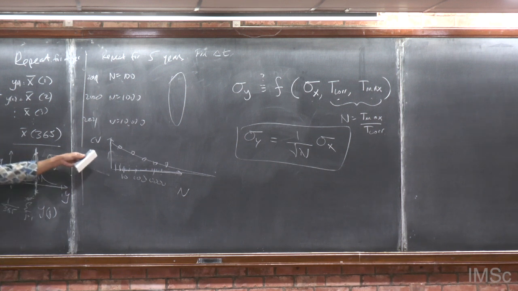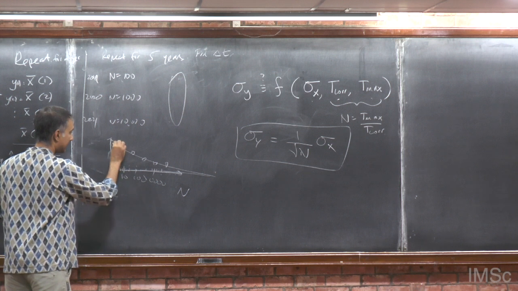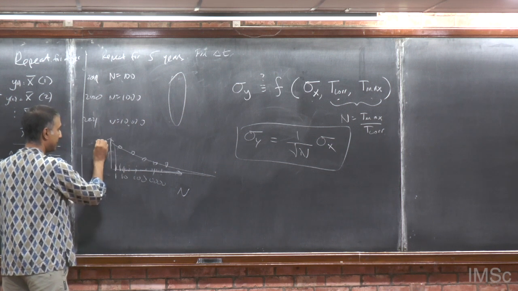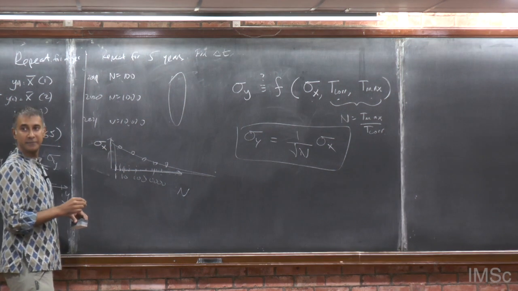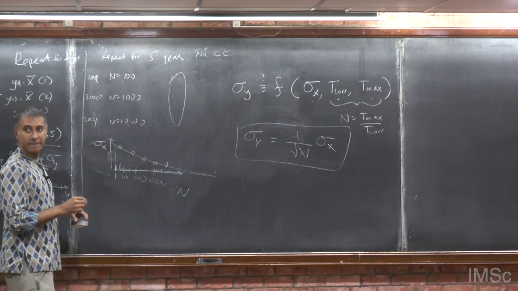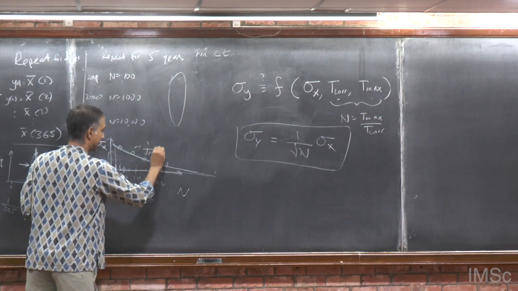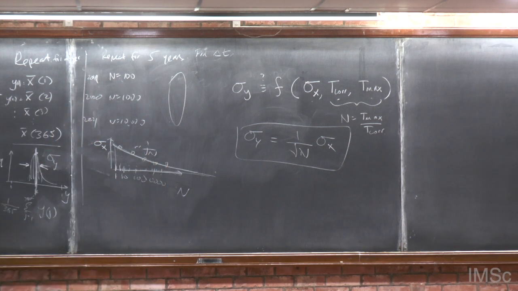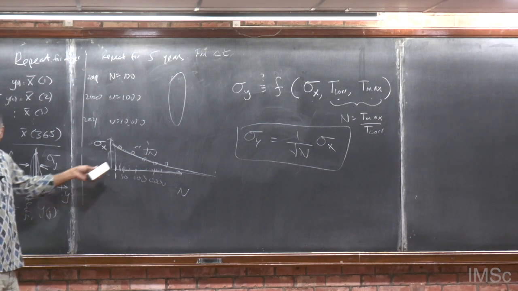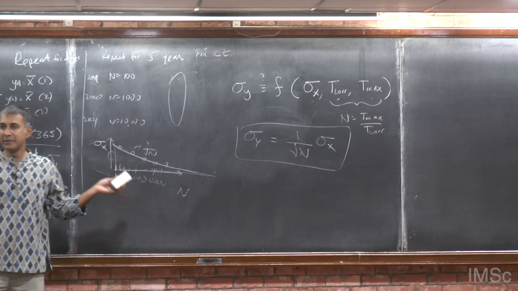Right? I know the shape of this curve. It's pretty much, n is equal to 1, I get sigma x. And this drops exactly as 1 over root n, which in the limit of n going to infinity goes to 0. I mean, it's not very quick.